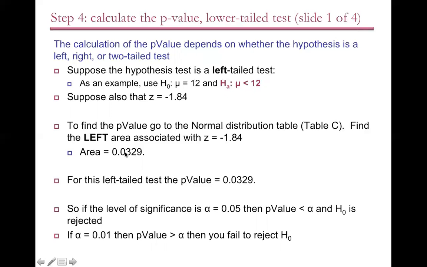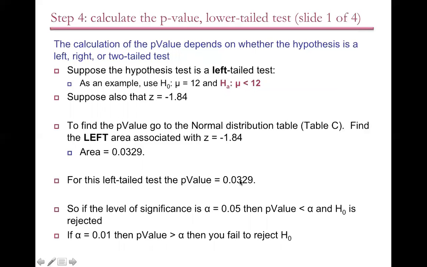So if you have your table in front of you, take a quick glance and you'll see that minus 1.84 has area to the left of 0.0329. So what that means, and it's simple in this case, is that the p-value is whatever that area is to the left, 0.0329.